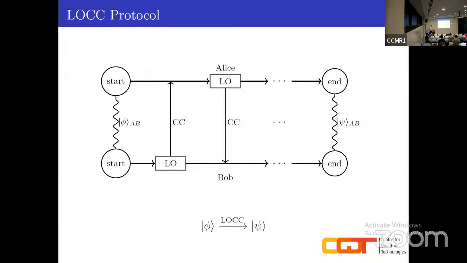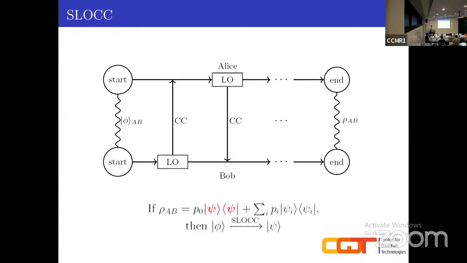In the end, they will get a new entangled state, psi, and we say that phi is LOCC convertible to psi. LOCC is a physically realizable protocol, but SLOCC is more like a mathematical definition used to classify quantum entanglement.